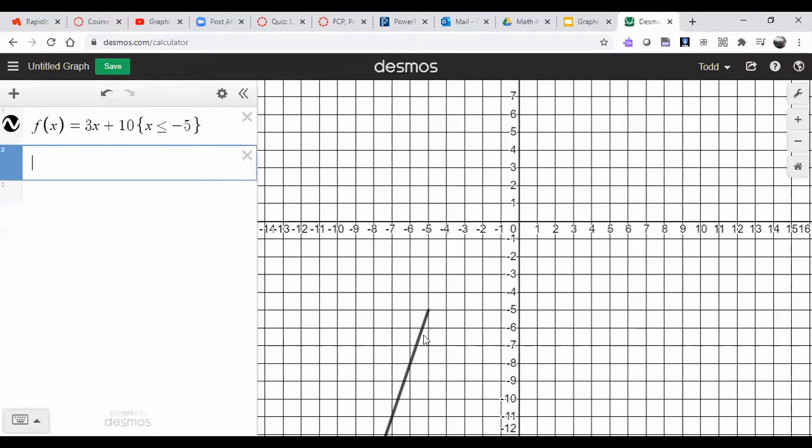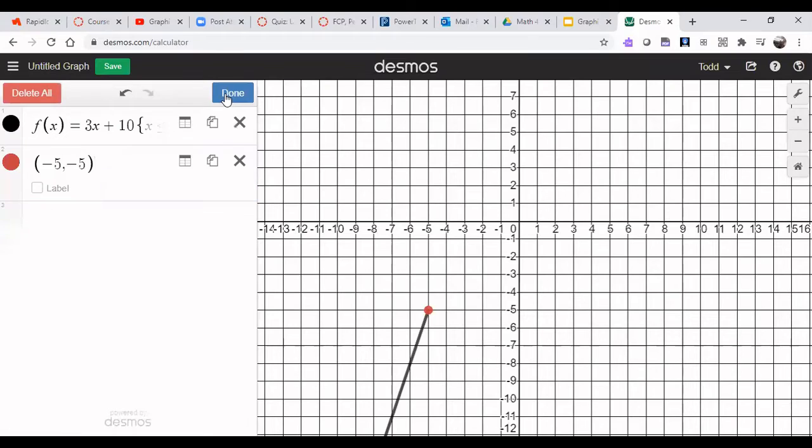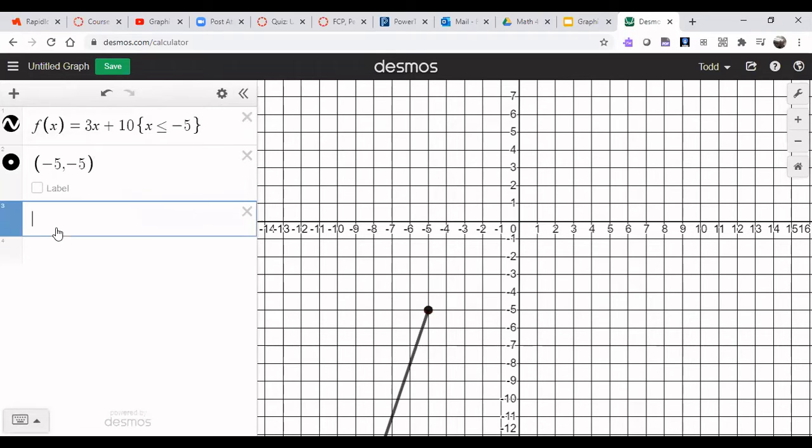So it looks like that one ends at -5, -5, with a closed circle. You can change the color to match the graph with that wheel.